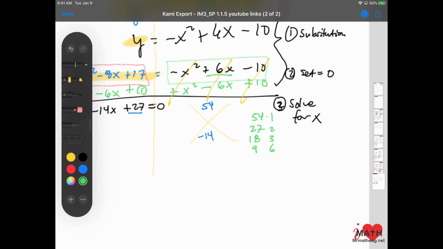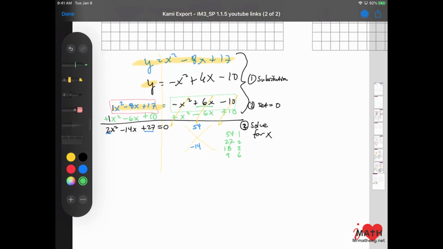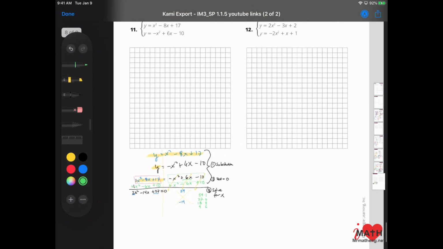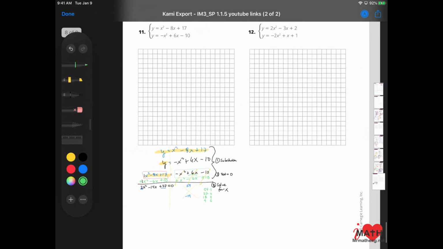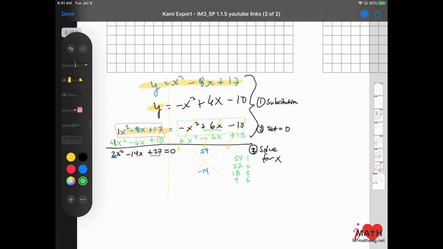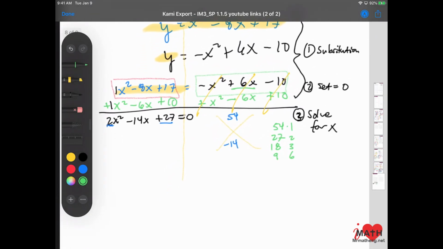Can I solve any of these problems here by factoring? Does not look like we can. Just double checking the numbers. Okay, what does that mean? We're going to have to solve this by the quadratic formula. Let me double check. That's what we're going to be doing.